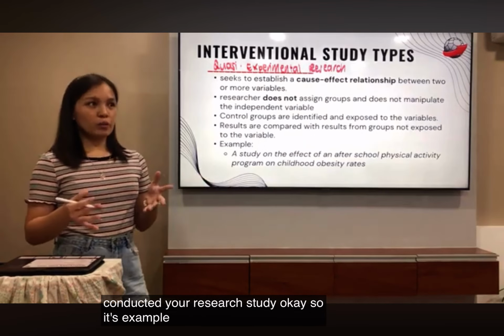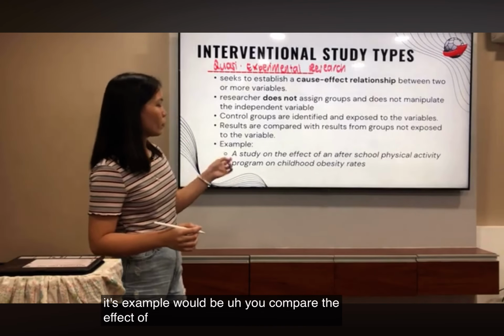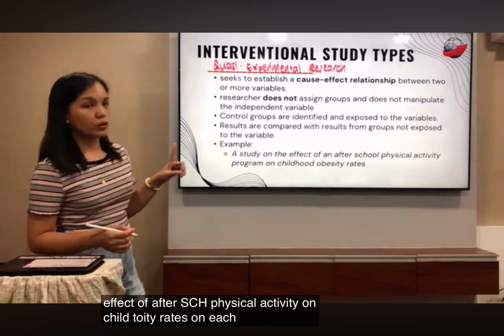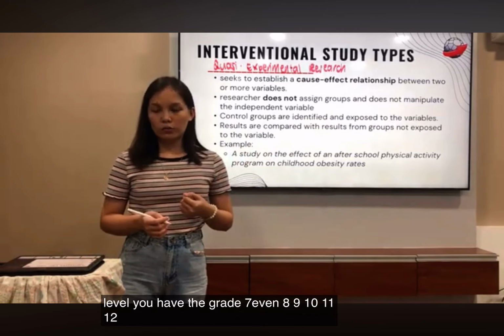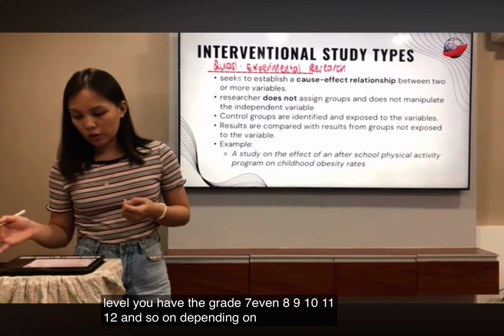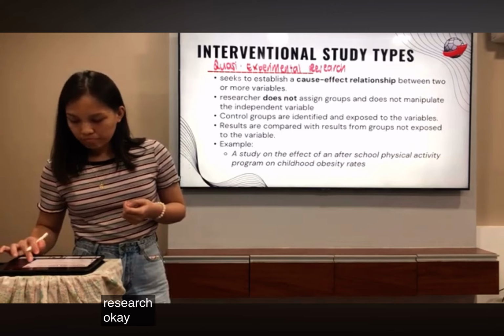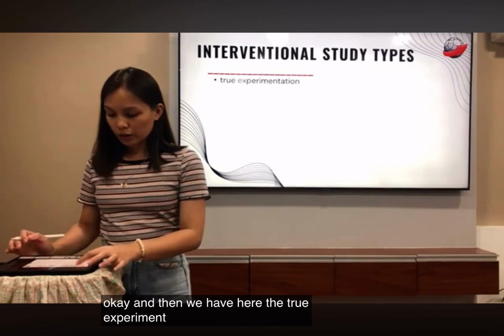So an example would be you compare the effect of after-school physical activity on childhood obesity rates in each grade level. You have grade 7, 8, 9, 10, 11, 12, and so on, depending on your research. Okay? And then we have the true experimentation.